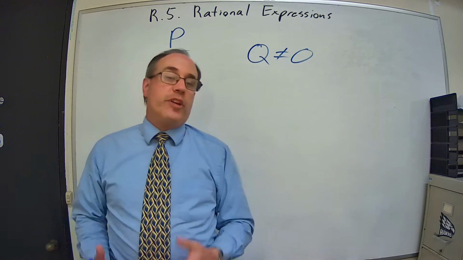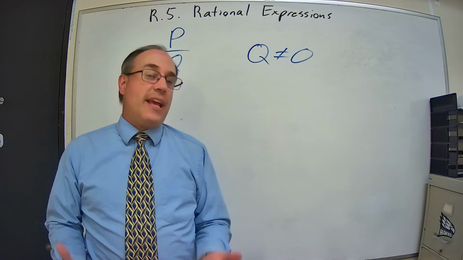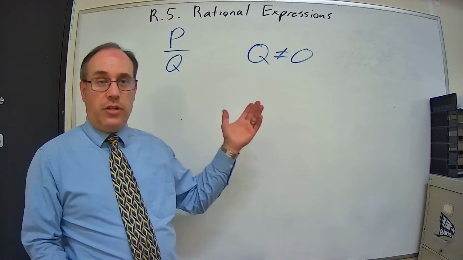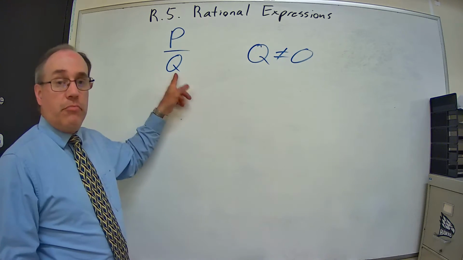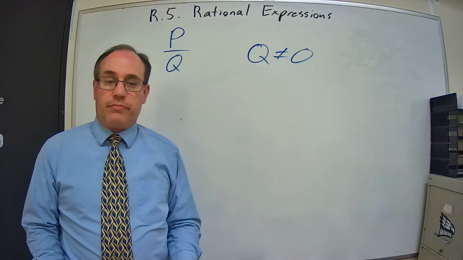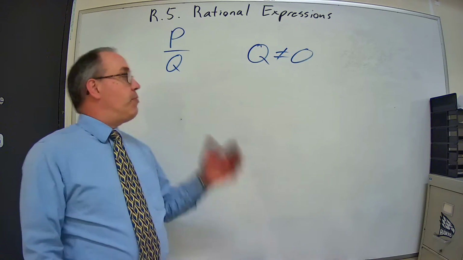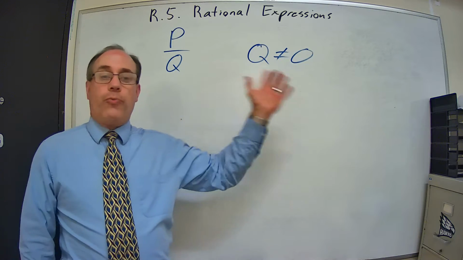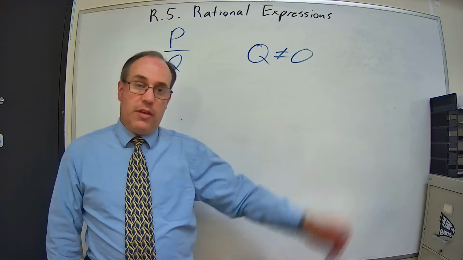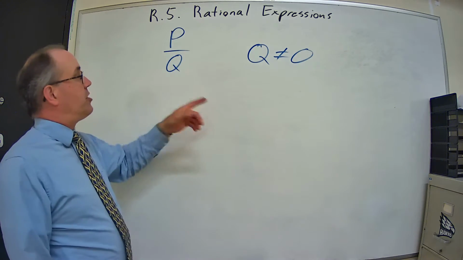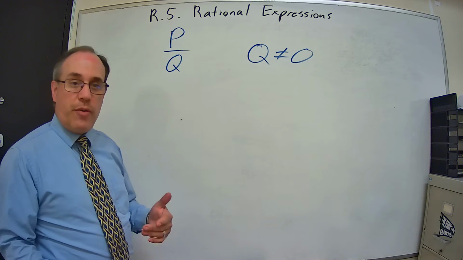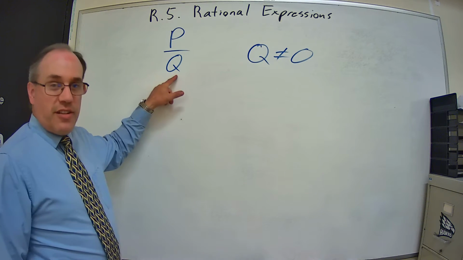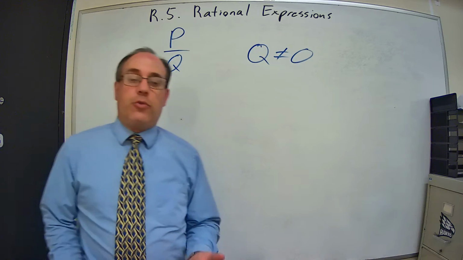Therefore, there's going to be a restriction on our domain of this rational function that Q cannot be equal to 0. Otherwise, we assume that the domain is all real numbers. So we allow the domain to be all real numbers except for those real numbers that will cause Q to be equal to 0.